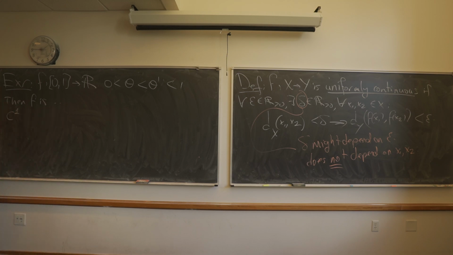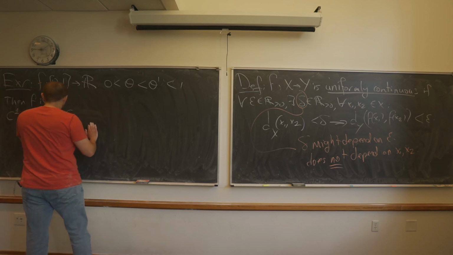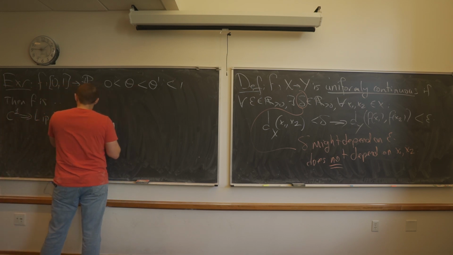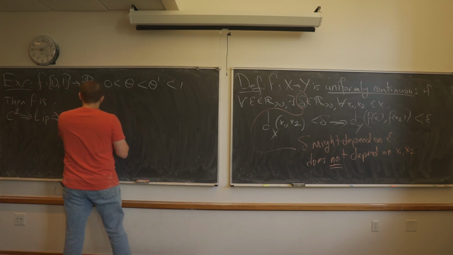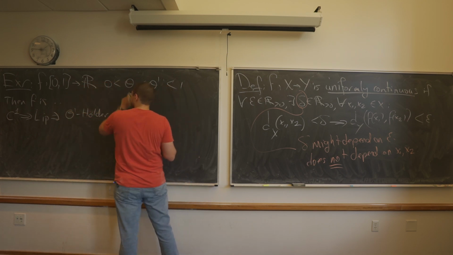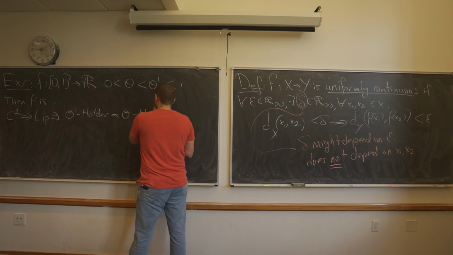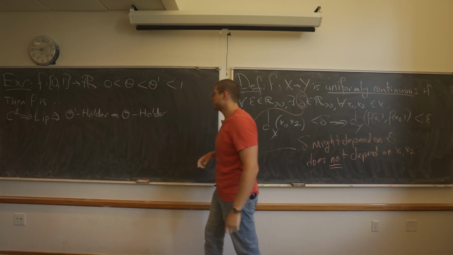Continuously differentiable implies Lipschitz, this we did, implies theta prime Hölder, implies theta Hölder, so you get to make the exponent smaller. Implies uniformly continuous.